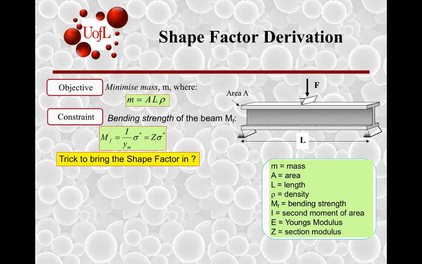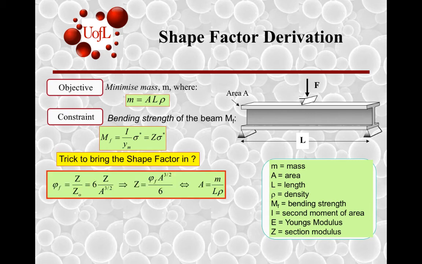How do you bring the shape factor into this consideration? The way we do that is knowing that phi is the ratio of the two Z's, or 6 times Z divided by A raised to 1.5.